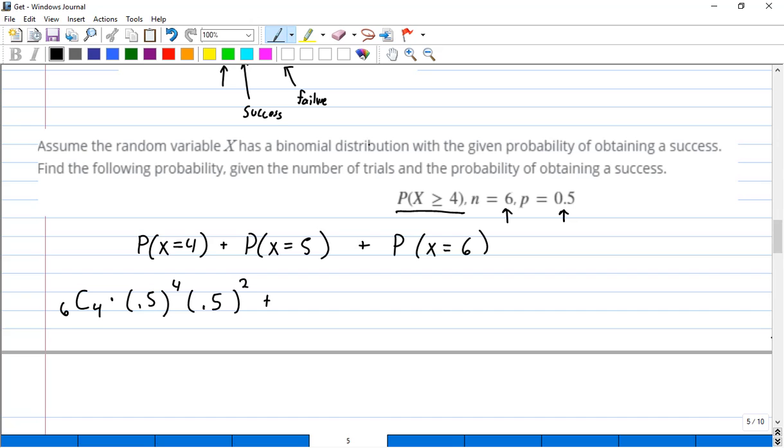But that's 6 factorial divided by 6 minus 4 factorial times 4 factorial. So what's that answer? What's 6C4?